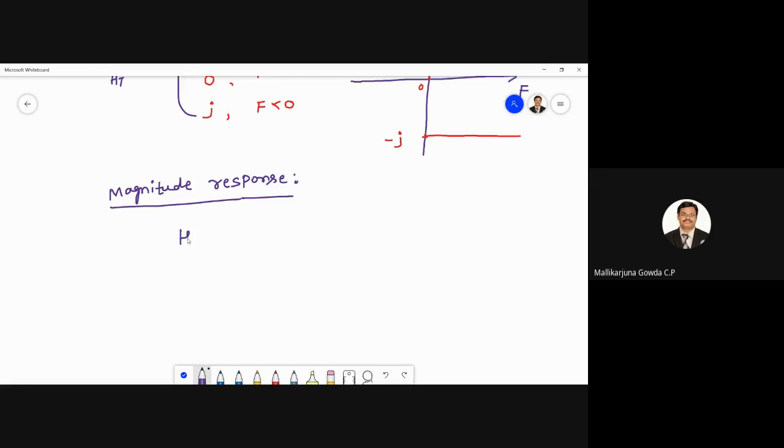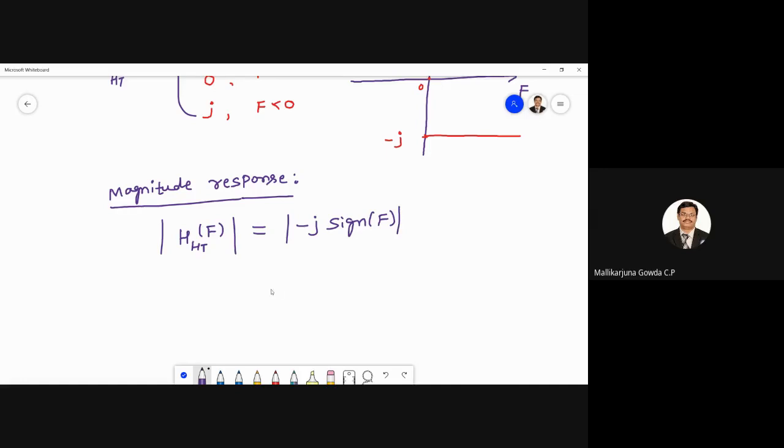How do I represent that? |H_ST(f)|, right? Magnitude means we put two vertical lines here, which is equal to |-j sin(mf)|, right?